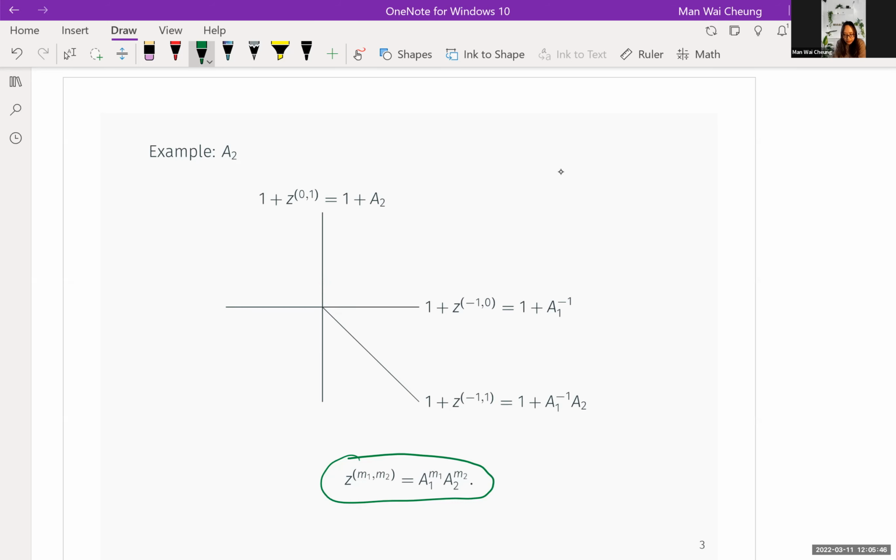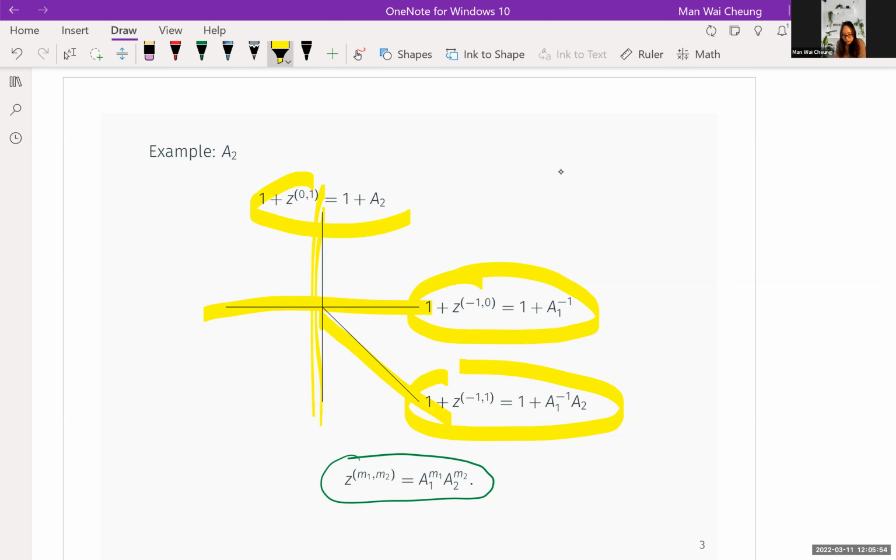This is a scattering diagram with three walls, and each wall comes with a wall function. You can see, for example, this wall function is a polynomial, 1 plus A2, where A2 is a point on the wall of the scattering diagram.